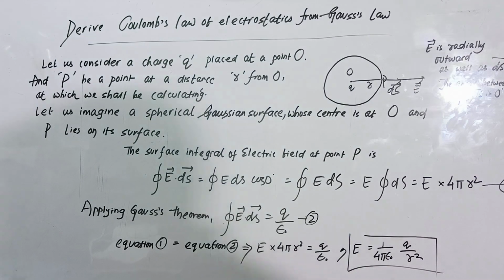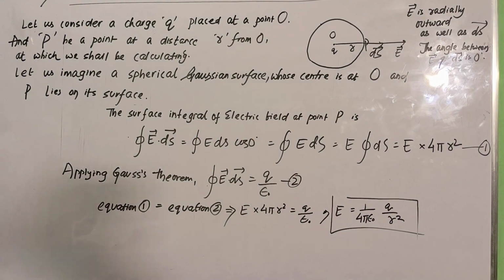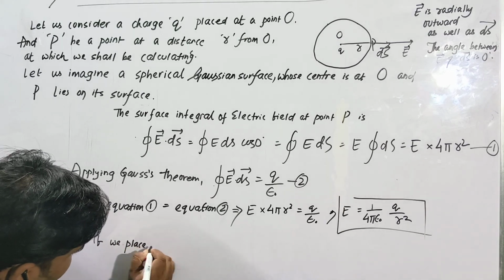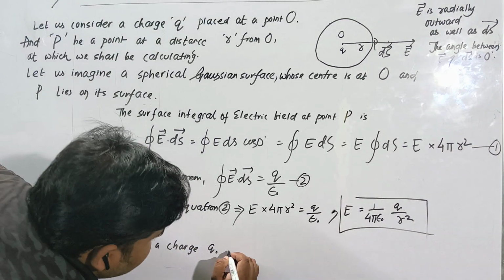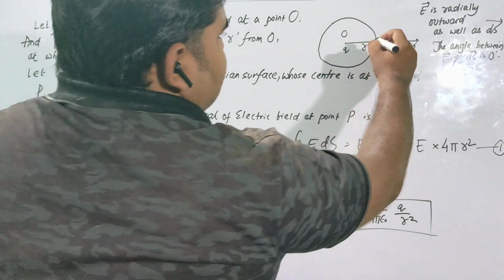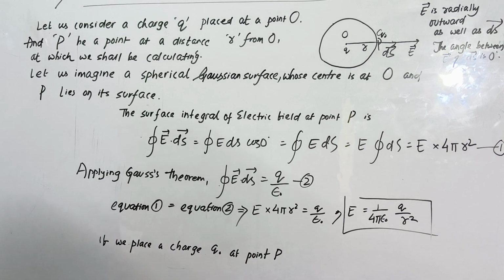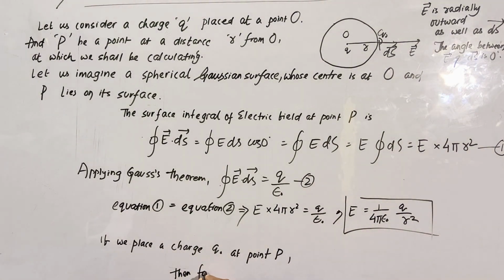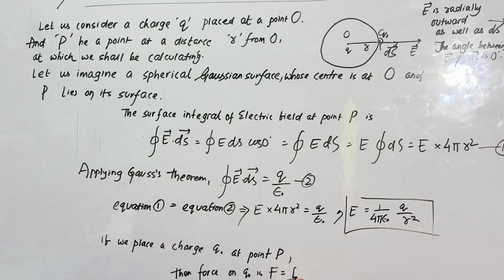And now you know the force. If we place a charge q naught at point P, whose magnitude is q naught, then the force on that charge, as the electric field is E at that point, is F equal to E q naught.